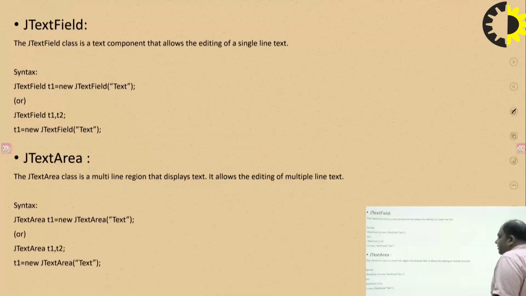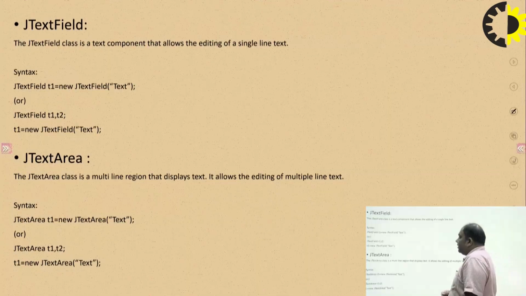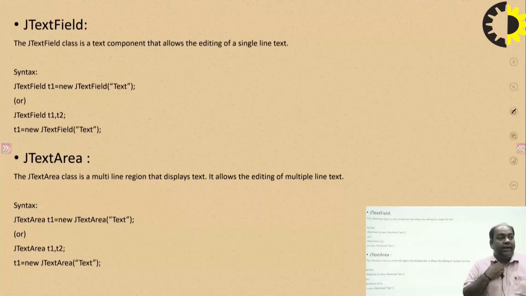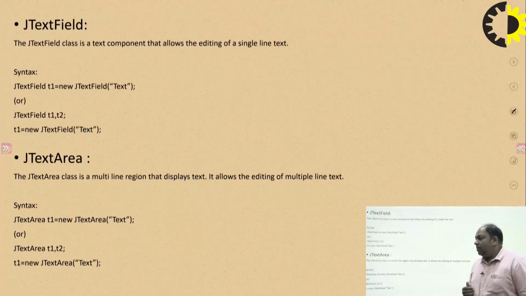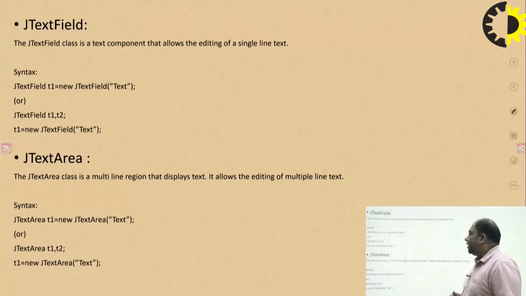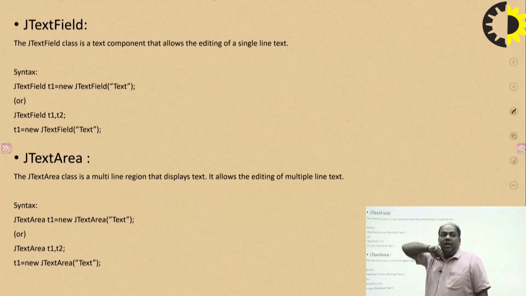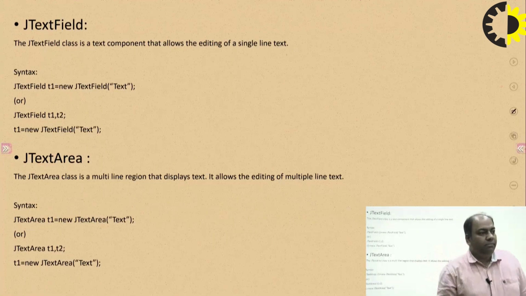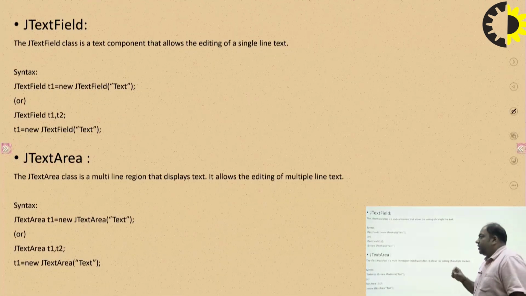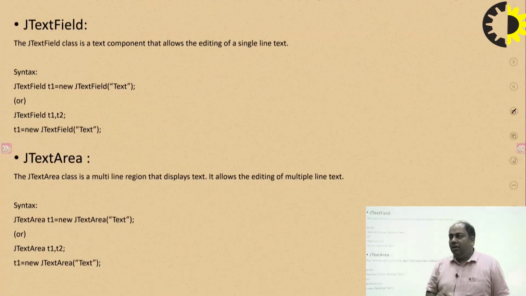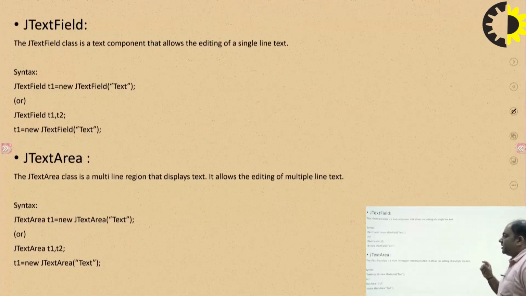Then text field, text area. Text field is a class in which the text component allows the editing of a single line of text. But when we want to use more than one line, then we use the text area. For example, for a text field, we can write the name of the student if we are creating a form like an admission form. For the name of the student, we use a text field because normally the name will come in a single line.